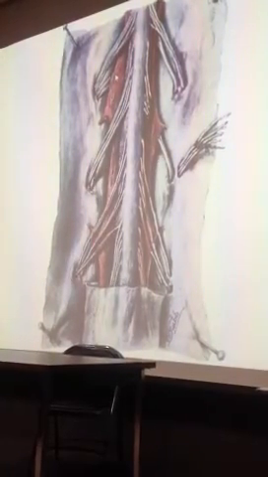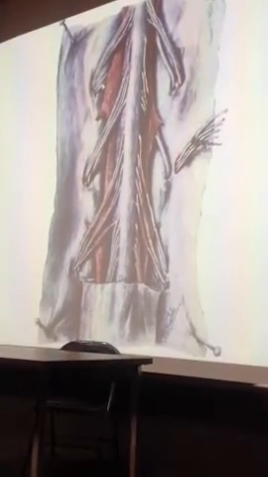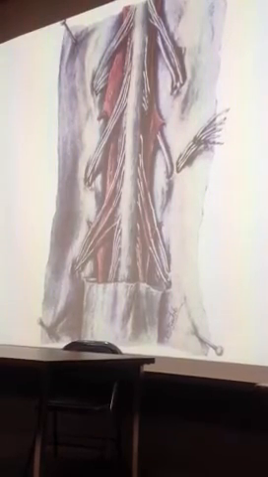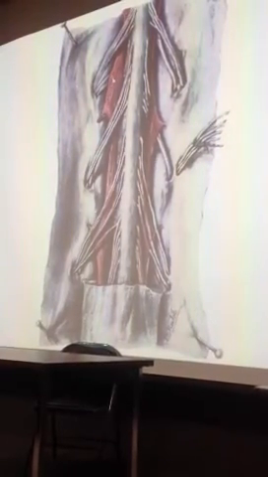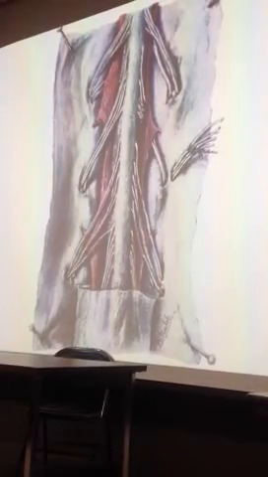These that you see coming from deep to the denticulate ligament would be ventral rootlets, ventral root, if you will. And that's how you can always tell the difference between those two: their relationship to the denticulate ligament inside the dura mater. Okay? So they separate out those two.